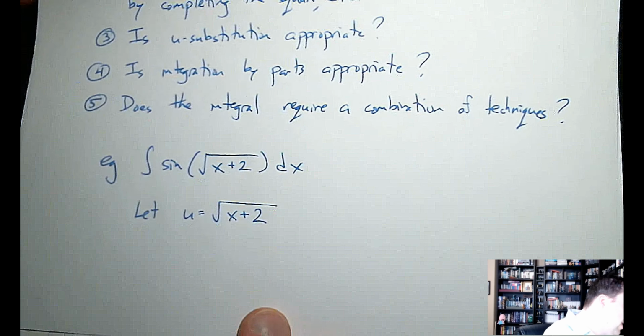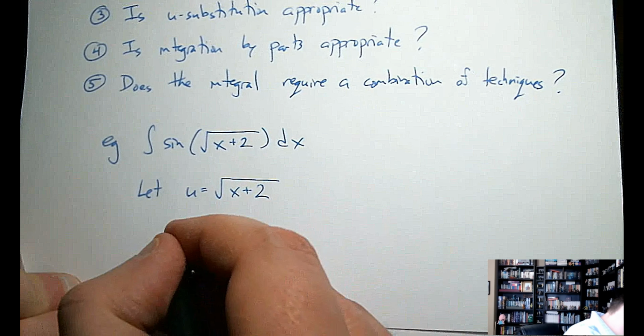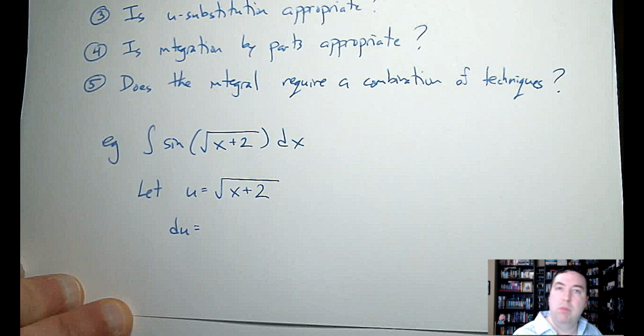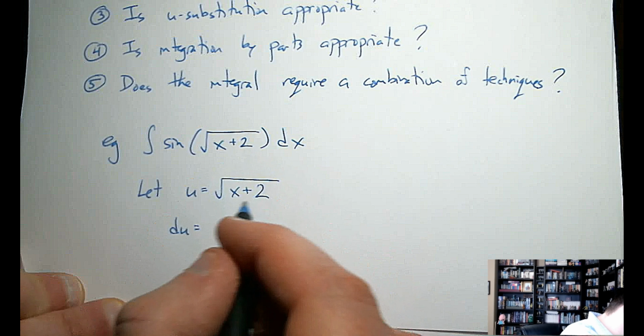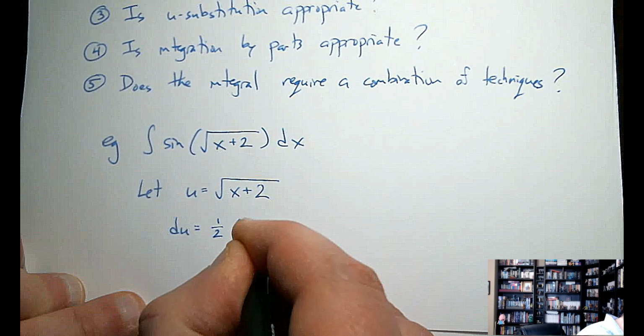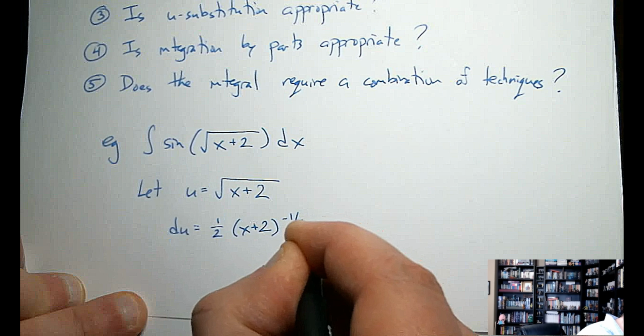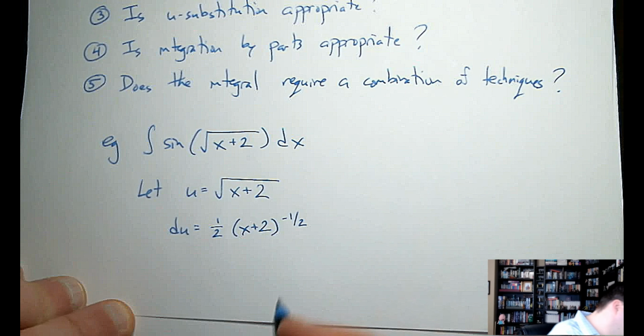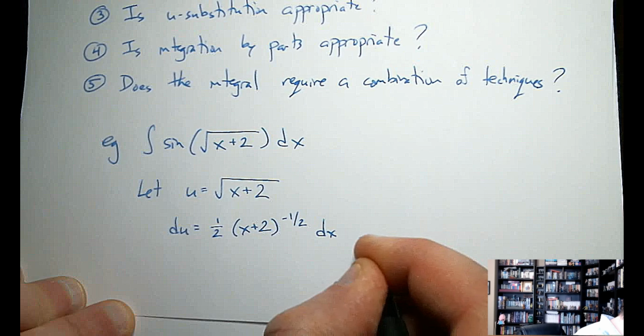Let's try letting u equal the square root of x plus 2. And as I said, to get du, we'd apply the chain rule. Remember, of course, this is really a power of a half. We get a half times x plus 2 to the power of negative a half times the derivative of x plus 2, which of course is just 1, times dx.